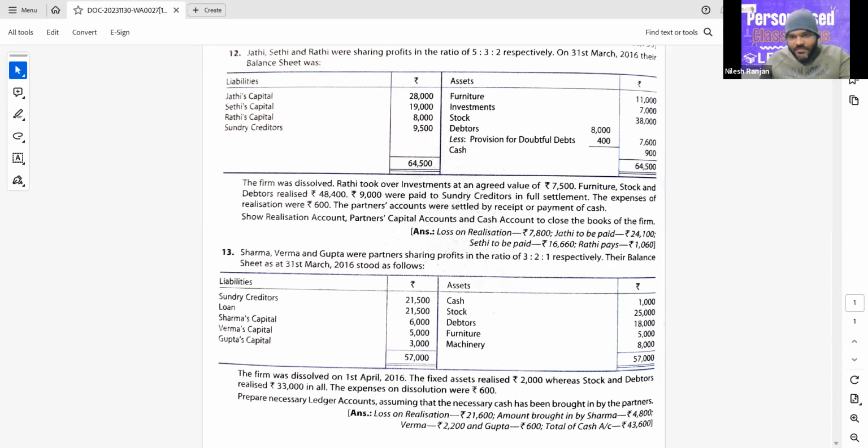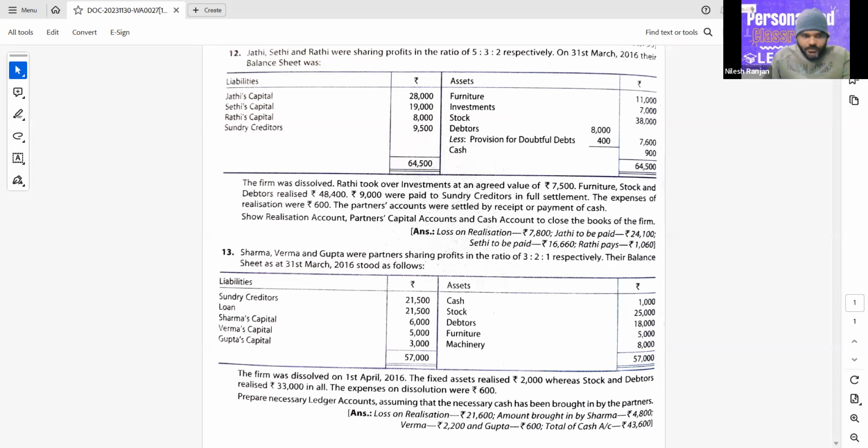Jati, Seti, and Rati were sharing profits in the ratio of 5:3:2 respectively. On 31st March 2016, their balance sheet was: liabilities, Jati's capital 28,000, Seti's capital 19,000, Rati's capital 8,000, sundry creditors 9,500; furniture 11,000, investment 7,000, stock 38,000, debtors 7,600, cash 900, total of 64,500.